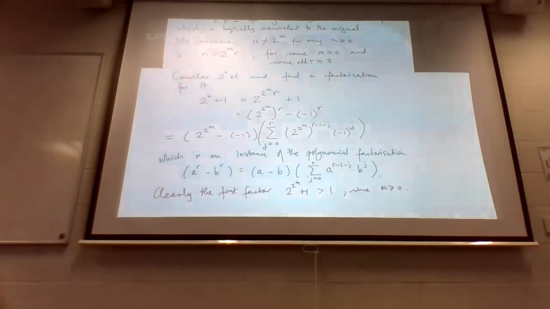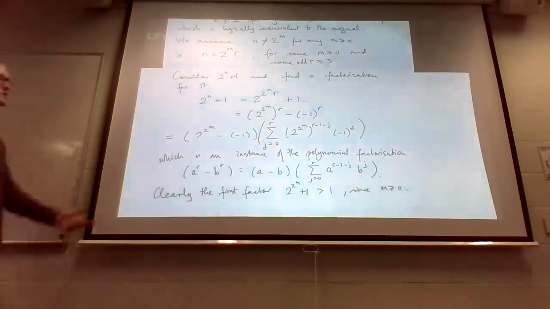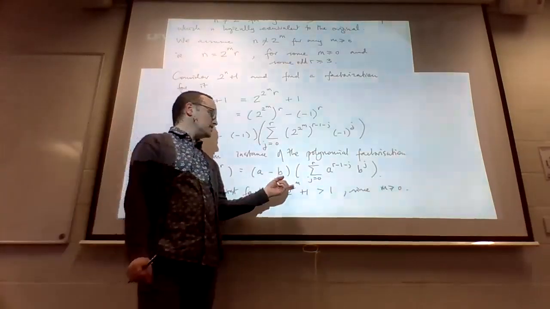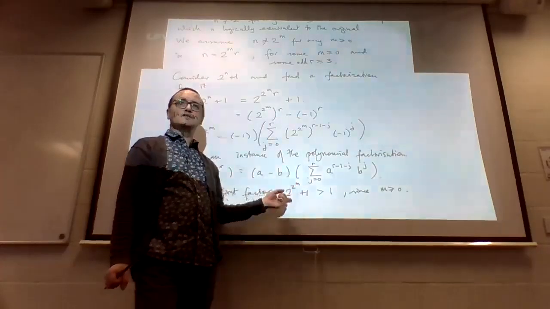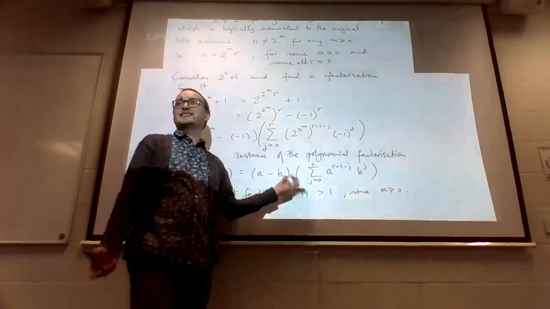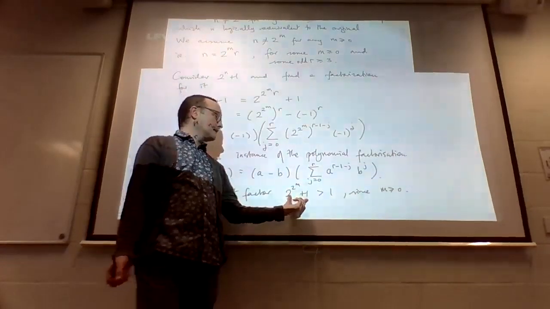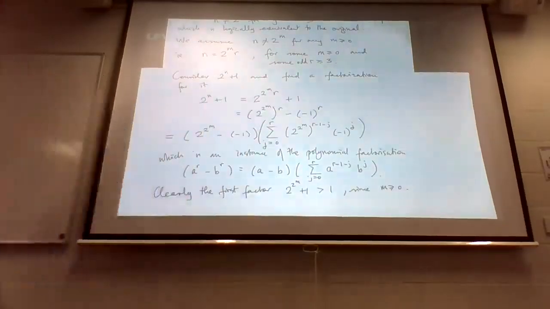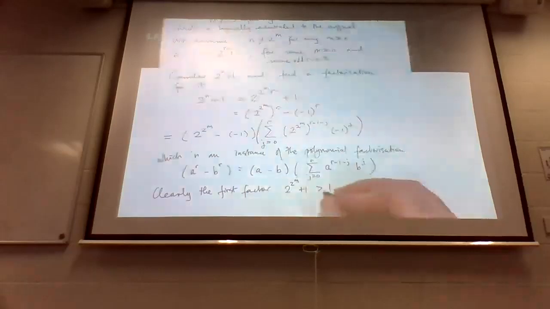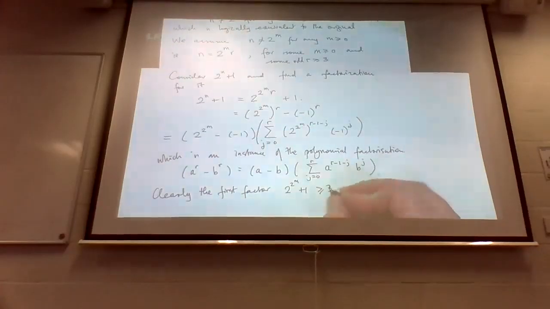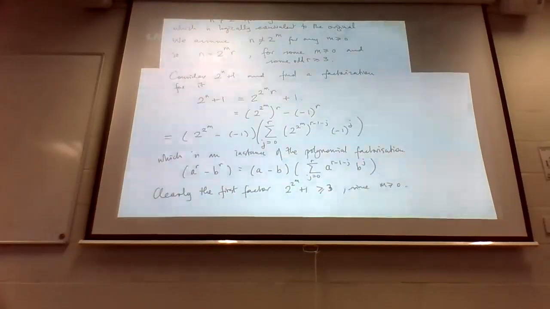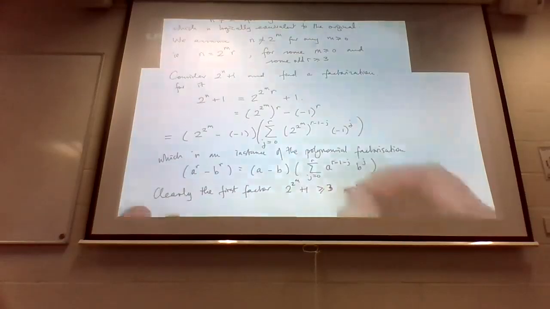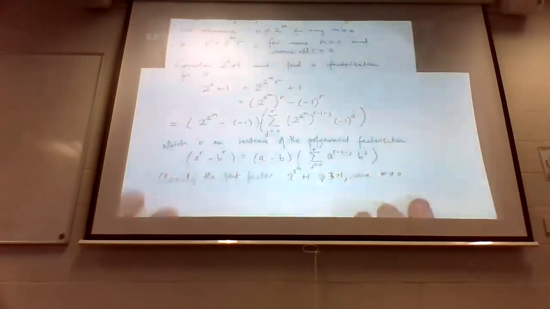The smallest it could be is when n is 0, but then it's 2 to the 0, so it's exponent 1, so it's 2 to the 1 plus 1. So it's at least 3, in fact. So it's certainly strictly bigger than 1.